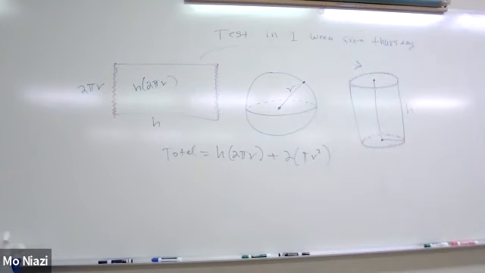So basically, just really quick, you basically just took this. That's 108 pi, and this is where you have 8 pi h.